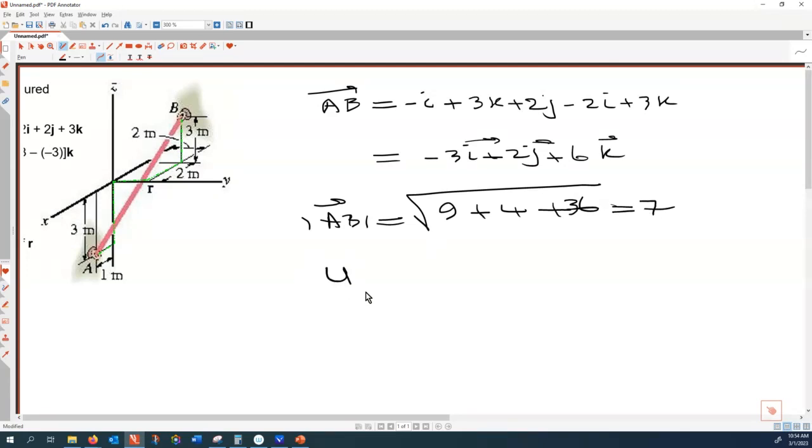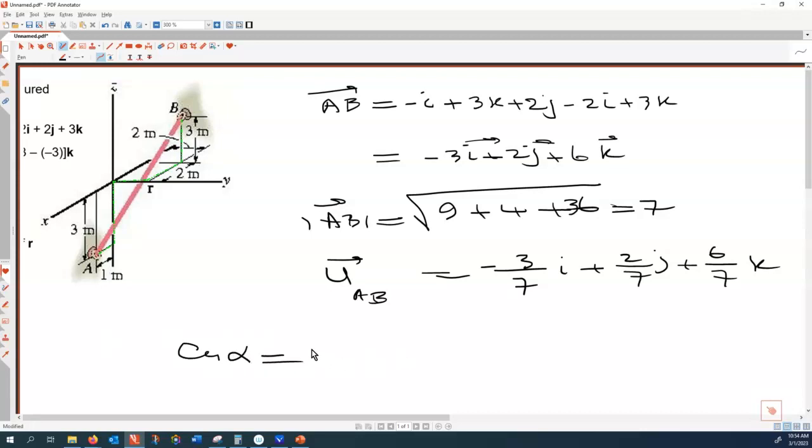So unit vector of AB is minus 3 over 7 I plus 2 over 7 J plus 6 over 7 K. All right, and then cos alpha is equal to minus 3 over 7. Cos beta is 2 over 7, and cos gamma is 6 over 7. So you can find the angles by inverse cos.